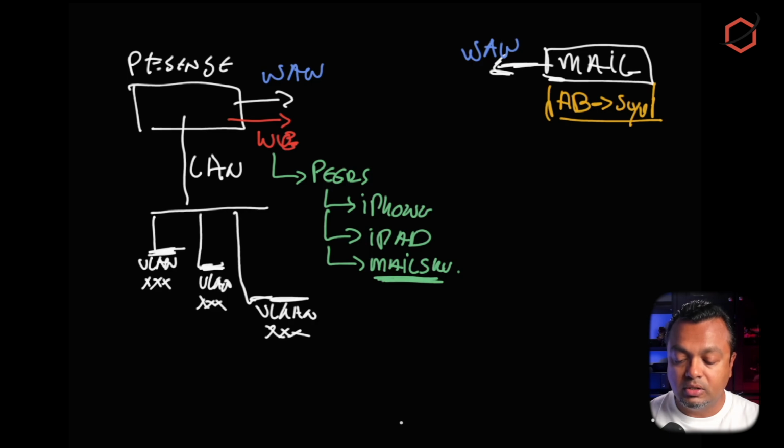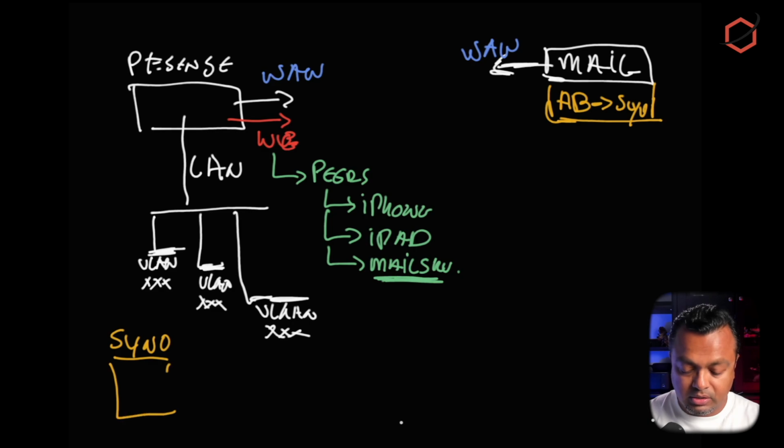This is a component installed on the server, and this wants to store its backups on a specific Synology, which is living in my LAN. This is my Synology living on one of the VLANs and connected to this VLAN, for example.